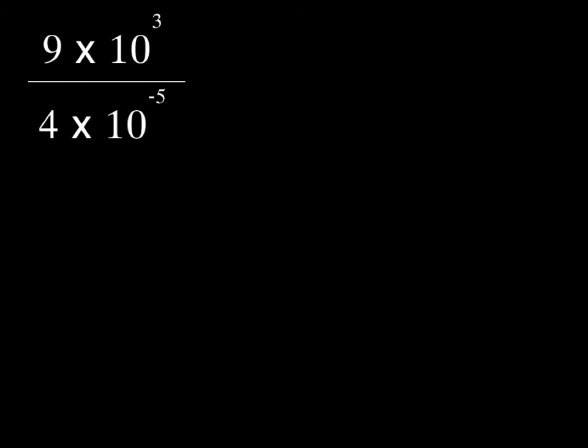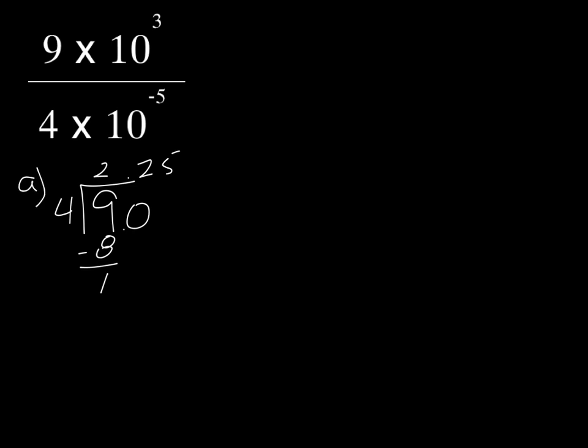Alright, if we look at a couple more, we are going to again take care of dividing 9 by 4. 4 goes into 9 twice, gives us 1, and we're going to end up with, through our division, 2.25. We're going to take our powers.